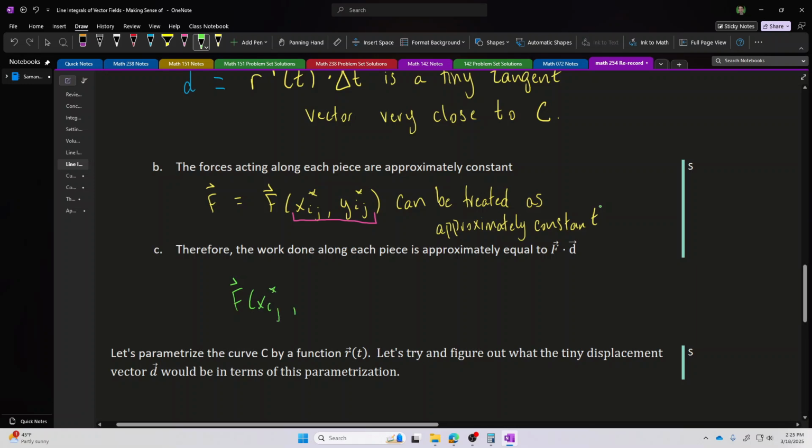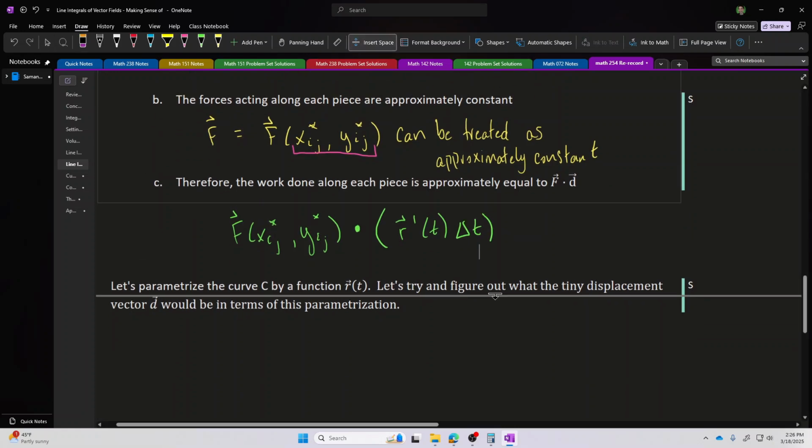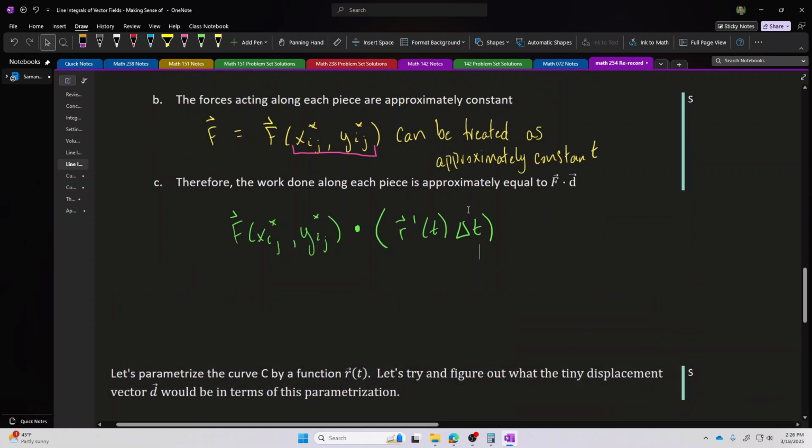The force vector as chosen at a random position in the chunk, dotted with this displacement vector. And we remember when we're doing dot products, you really just have to dot the two vector portions together, and then you can scale the result by delta t.